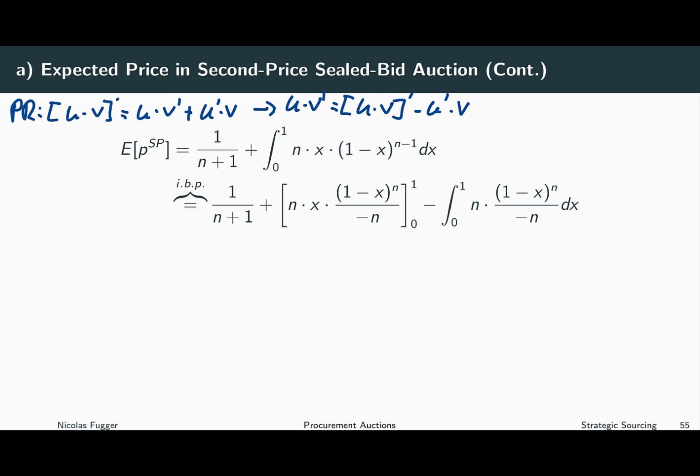If we say x is equal to u and this expression here is v prime, then we get u times the integral of the expression above minus u prime times v, and that is exactly what we have here.